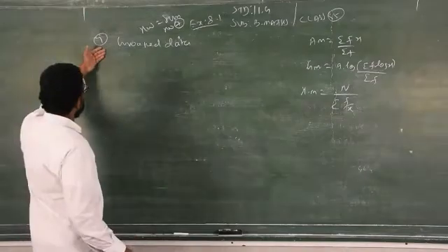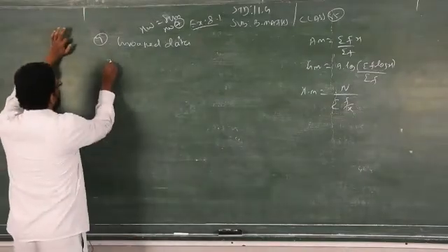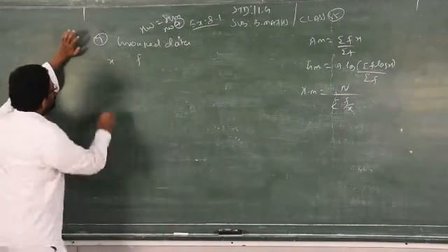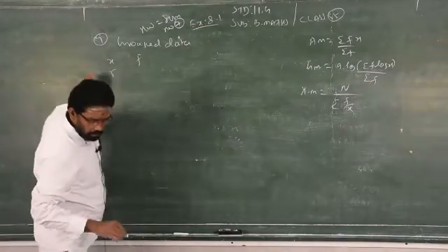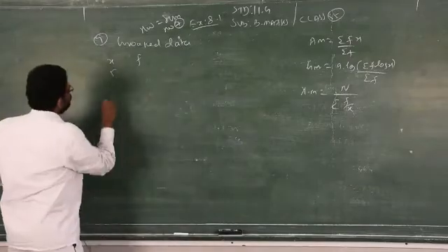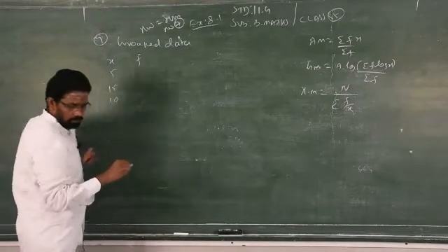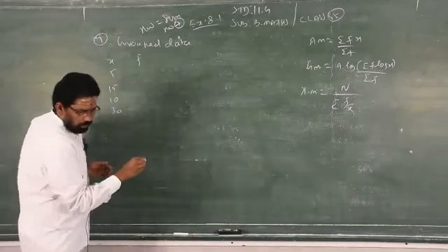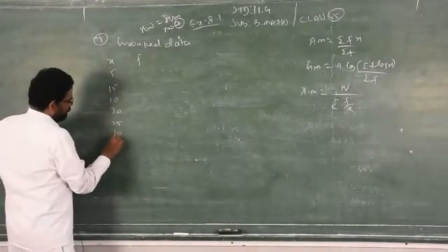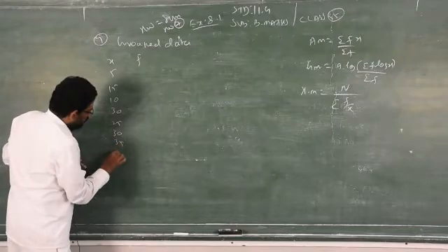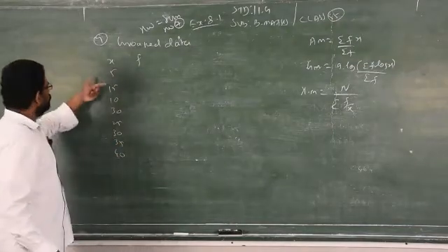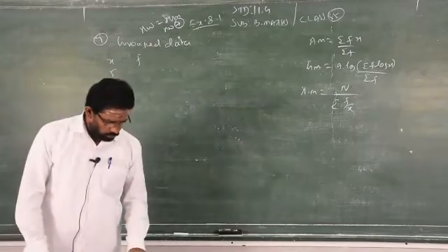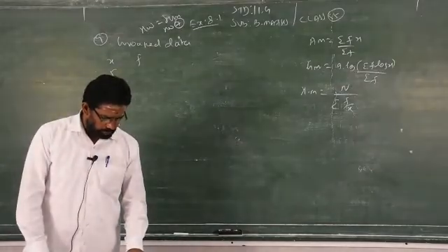Now sum number 9 is grouped data. It is given x, f. I will open the tabular column with x and f. Under x it is given 5, 15, 10, 30, 25, 30, 35, 40. That is 1, 2, 3, 4, 5, 6, 7, 8, eight data.